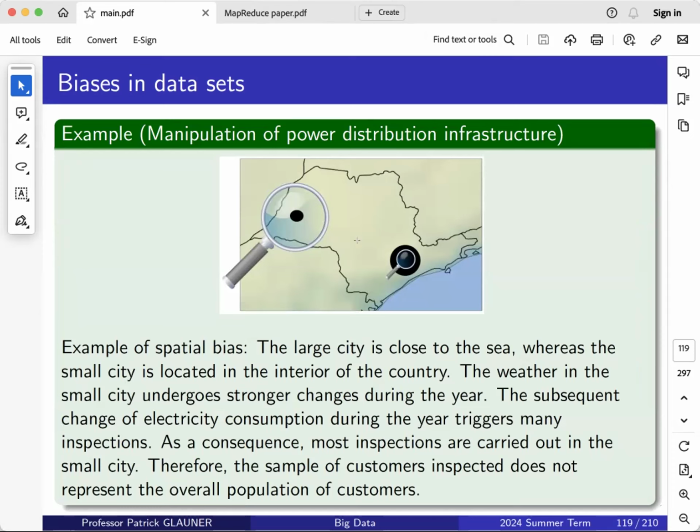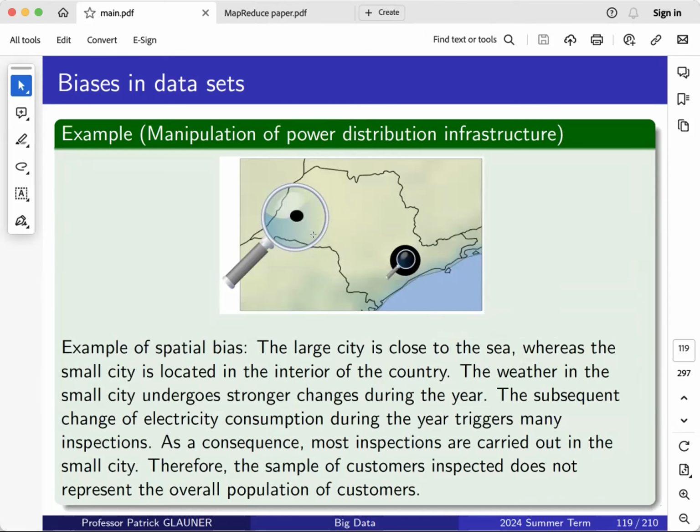Imagine this is some state in Brazil, for example. That's where the data came from that I worked on. And imagine we have a big city. So for now, it's simplified. We just have 2 cities. We have a big city, which is here along the coast. So the big city is this big black circle. And we have a smaller city more inside the country.